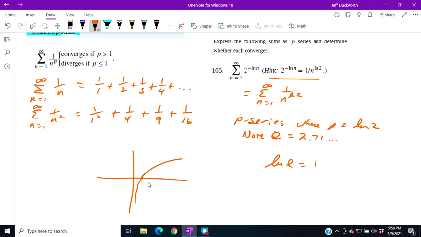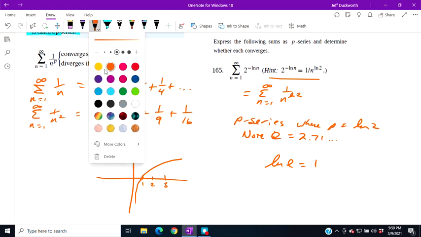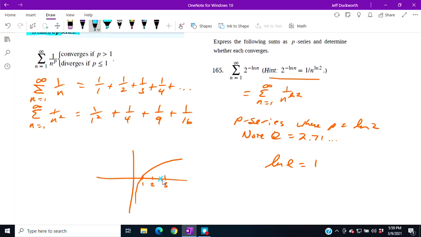So that's 1, we're going to have 2, we have 3, and e is about here. That's about where we meet. ln of e is 1. So anywhere between, well, I guess we can't have 0 clearly, but anywhere else we're going to have an issue.